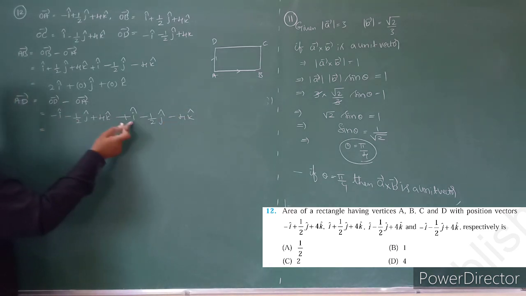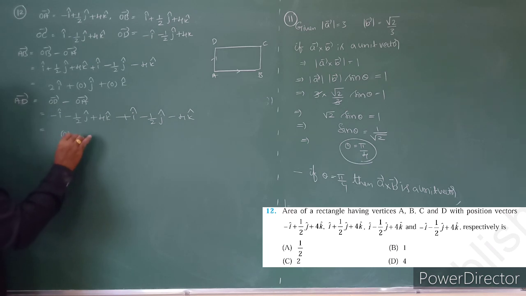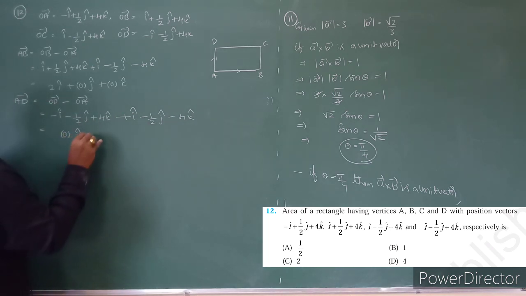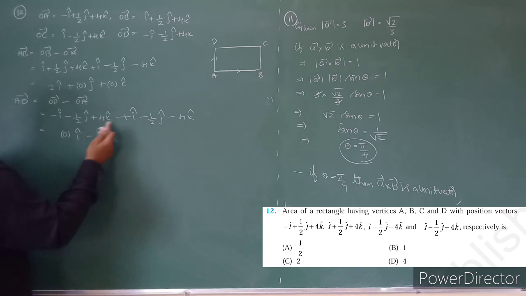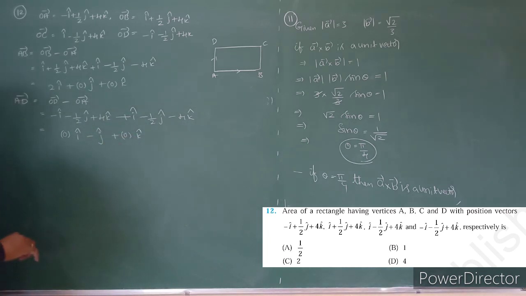So here minus i plus i will be cancelled, it will become 0 into i. Minus 1 by 2 minus 1 by 2 is minus 1, so minus j. 4k minus 4k will be cancelled, it will become 0k.